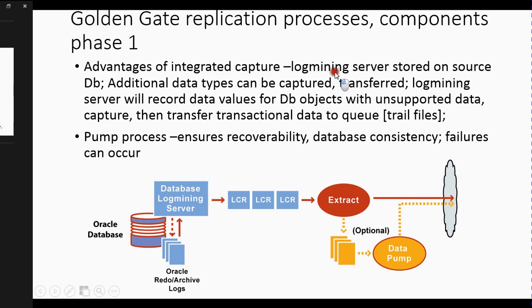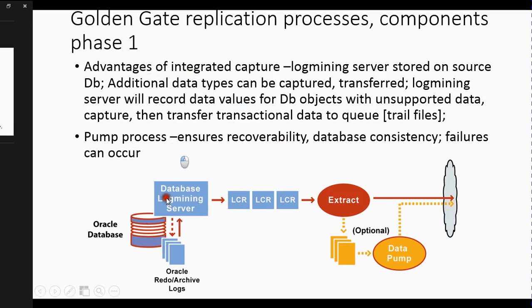The log mining server is stored on the source database. This is just a picture of where the log mining server is located, on the source system, on the database server.